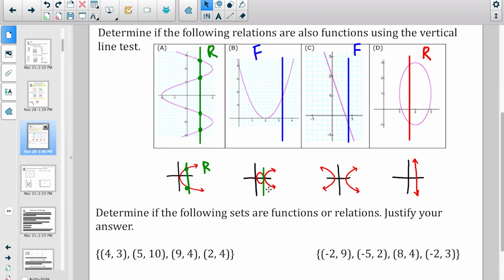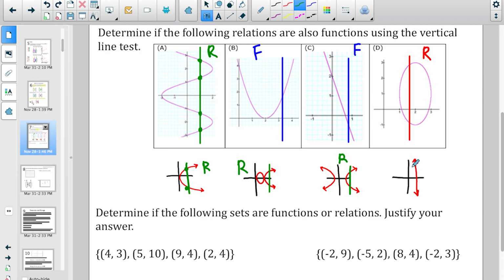So even though it works here, it doesn't happen to work here, it doesn't happen to work here, or really anywhere within this boundary here, and it doesn't really work anywhere after this point either. So there's only really one point where it works, but because it doesn't work at a second location for this graph, then the whole thing still remains a relation. Again, we'll see very quickly here that this one will be a relation.